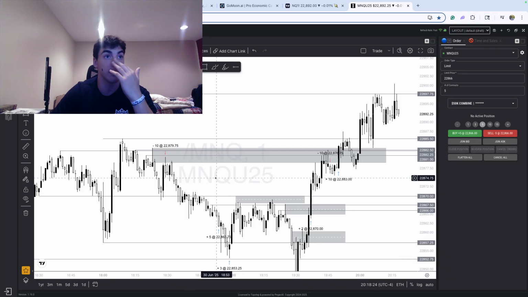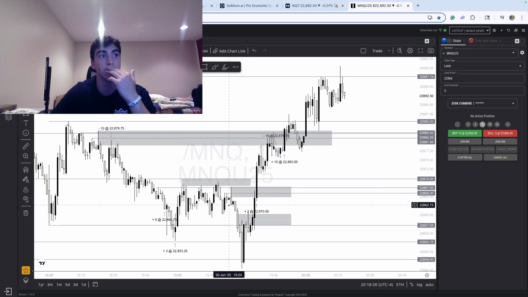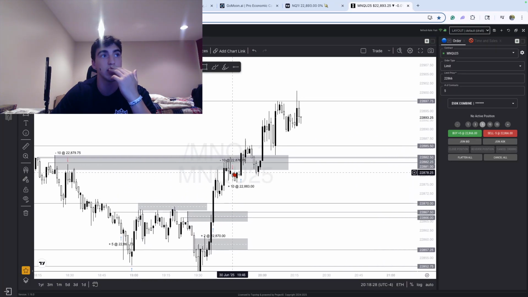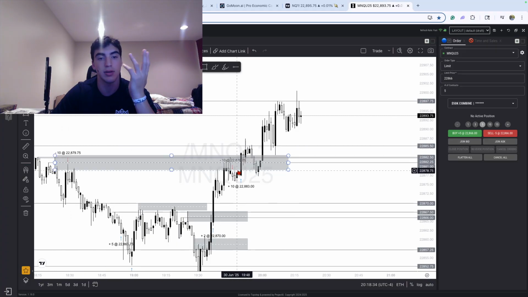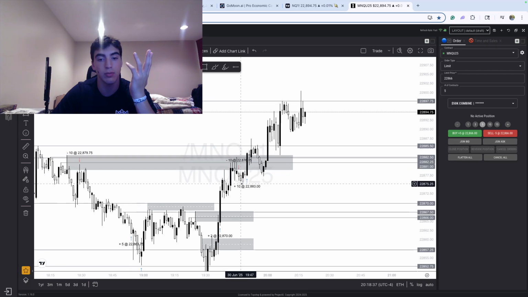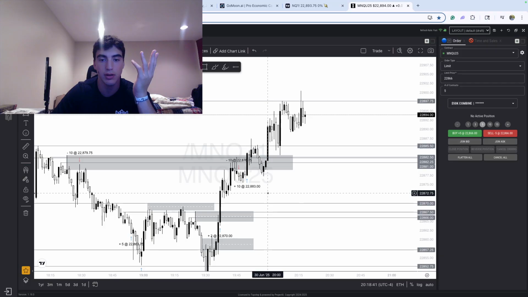So yeah, and then this sort of bias here was that we would tap into this same hammer again and continue lower. I got out when we came down into here, so I basically got break even.